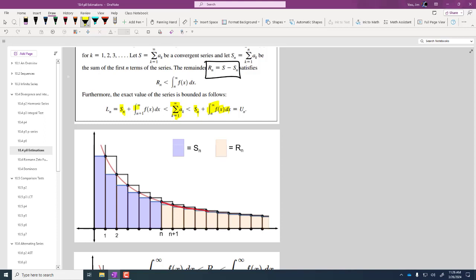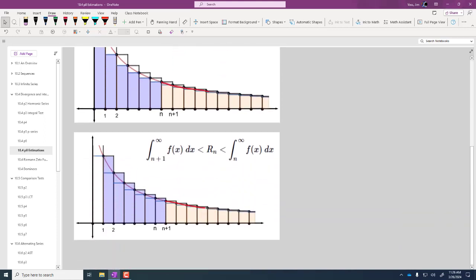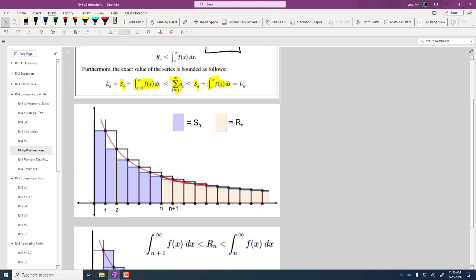And if we add the underestimate integral, which is the one with n plus 1 to infinity, then underestimate plus S sub n has got to be just under the series. S sub n plus the overestimate is just a little bit more than the series. So that gives us an interval that the series has to be in between.